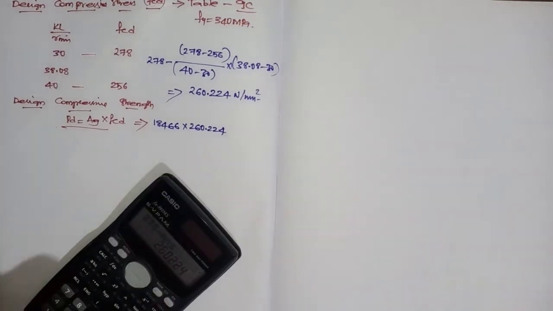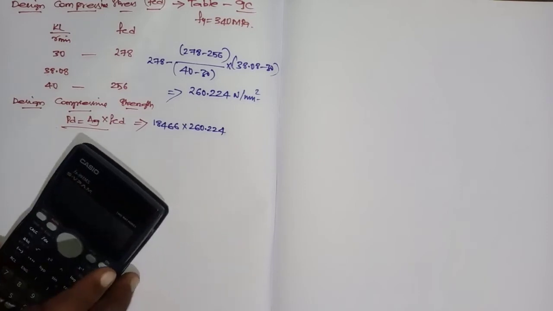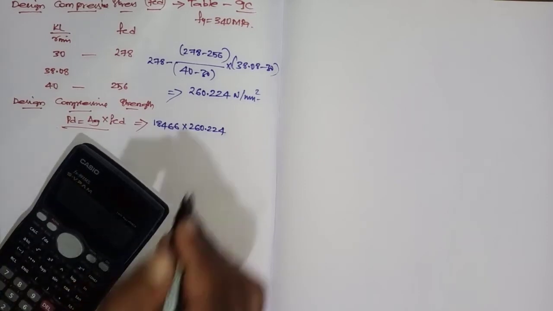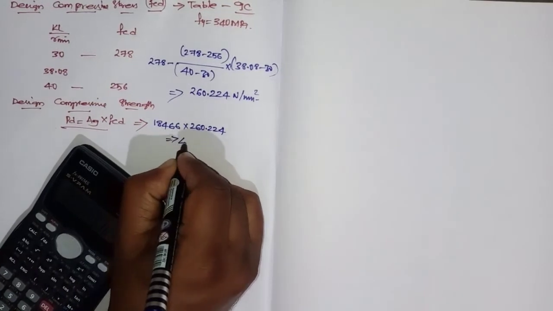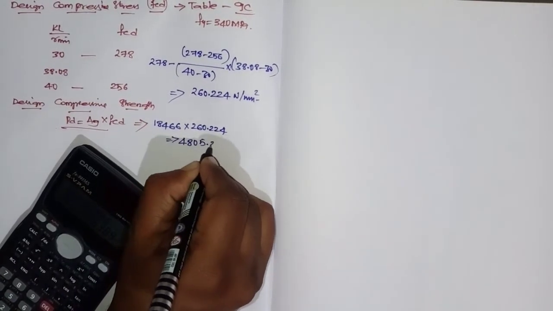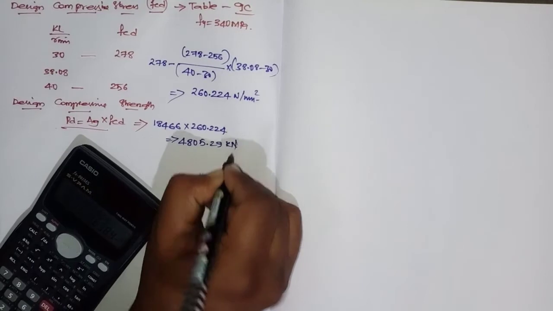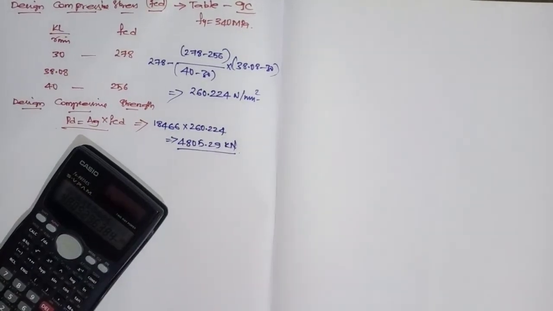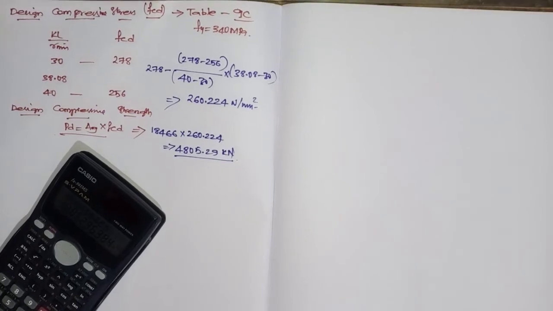So into 18466, how much are you getting? That is 4805.29 kilonewtons. So this is the design compressive strength of the given section. Is it okay?